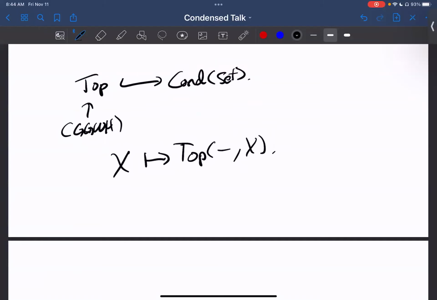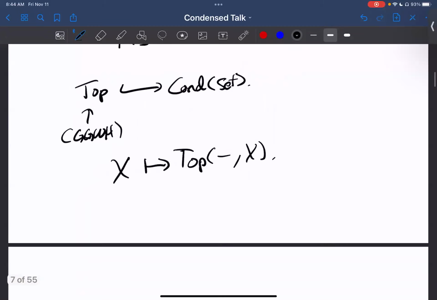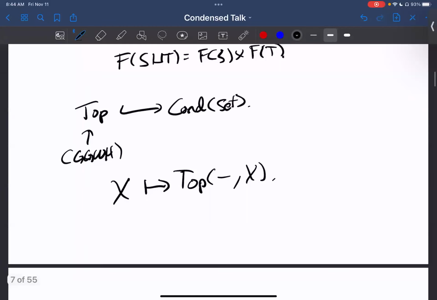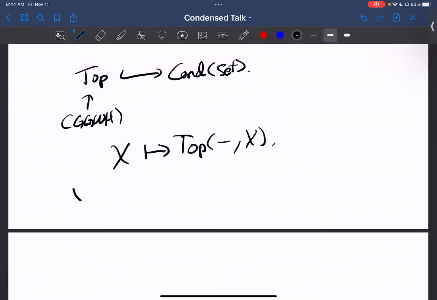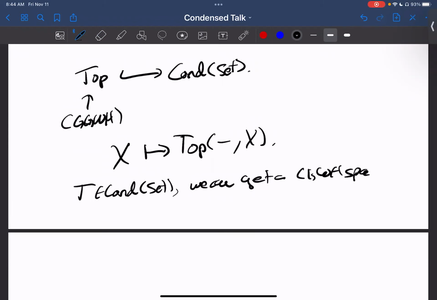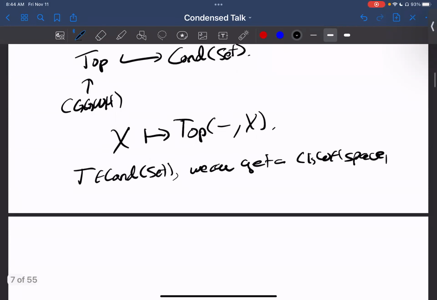And this is sort of like a Yoneda type argument. All right. And conversely, given any condensed set, we call it T, we can get a compactly generated weak Hausdorff space just by taking T of the point, and we're going to equip this with the topology as a formal quotient of all of the T of S's.